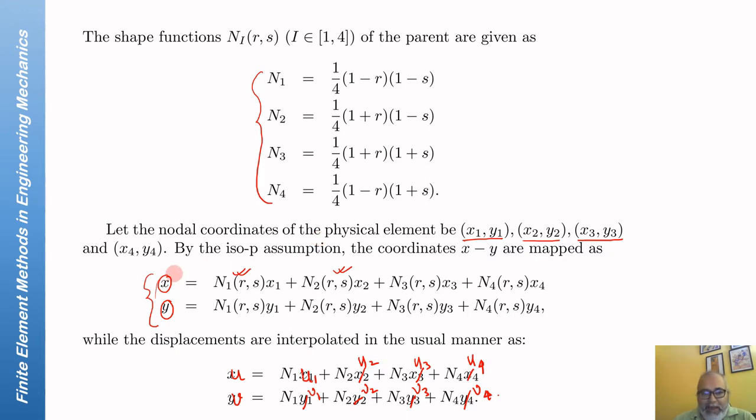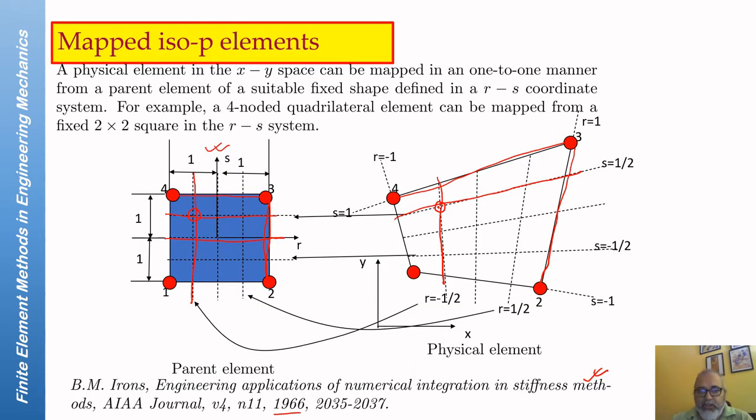Now this is the mapping of the element. This mapping is the one-to-one mapping that I'm talking about. So if you put, for example, r equal to 1, then you are talking about this edge. This edge is the r equal to 1 edge. Let's see where it goes.